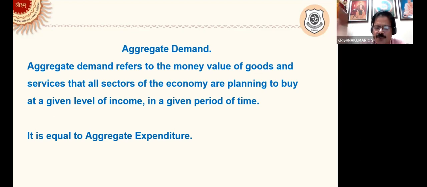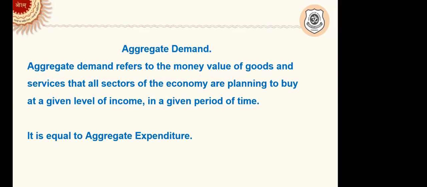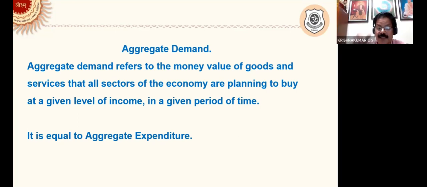Now, what other brainstorming questions can be asked to the children from this particular concept so that they will think and come out with answers? Anybody? In the first chapter, circular flow of income, what are the different sectors of the economy? I'm asking about aggregate demand. Connected to aggregate demand, what brainstorming questions can be given to the children?